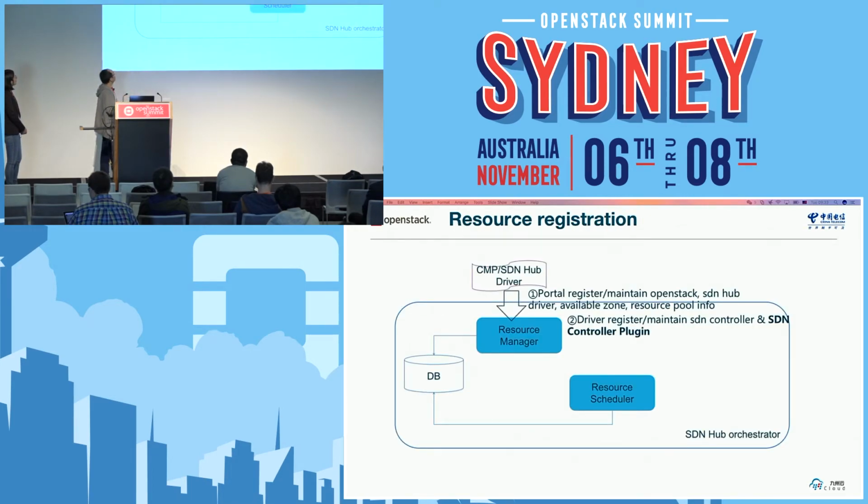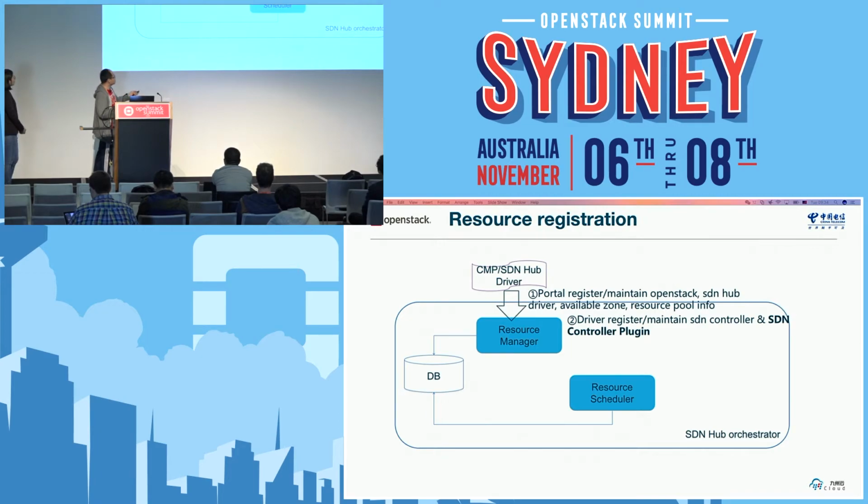This is after the system is set up and running. For example, we have installed the 3 parts of the system, and then the administrators need to do something to initiate the system. So at the top is the CMP. The administrator can go through the CMP to do some resource registration manually.